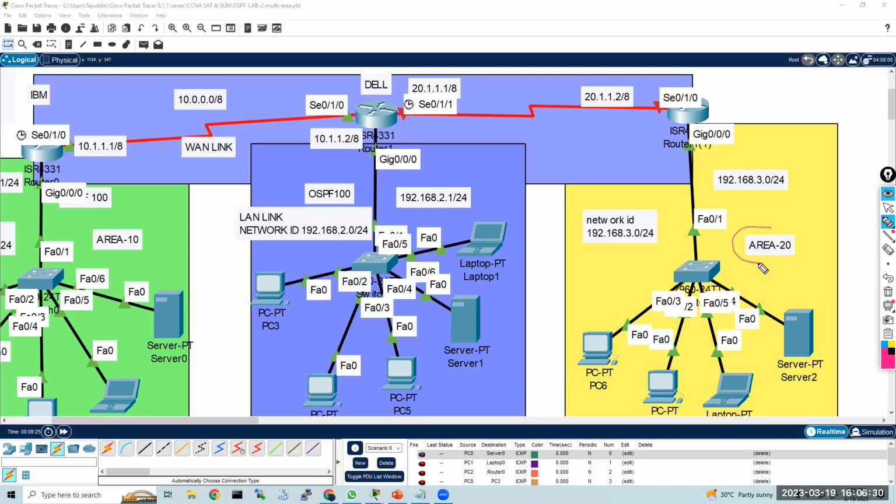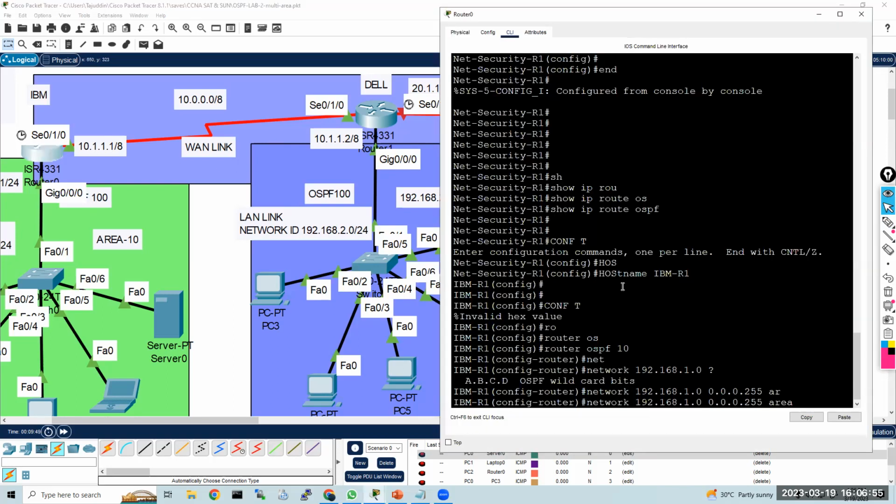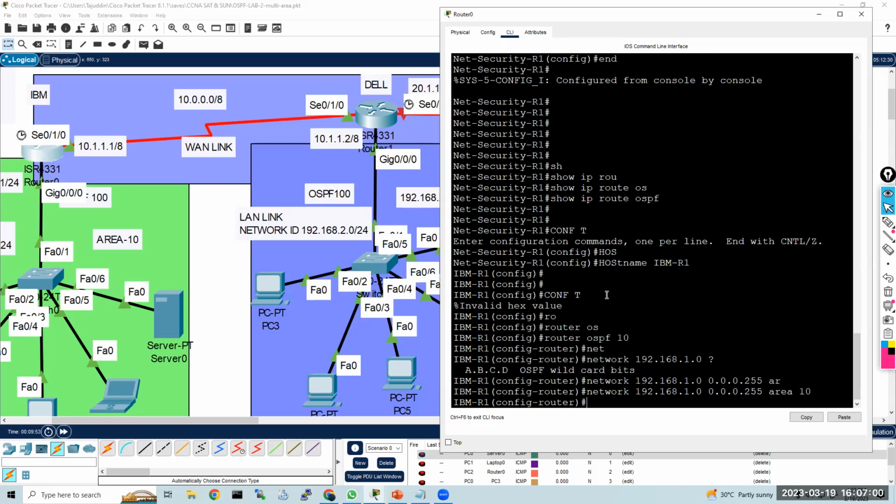See here, yellow color belongs to area 20, and only the blue color, what I have written here, this is your area 0. So this should be area 10, correct? Understood? Andrew, Isaac. Yes.